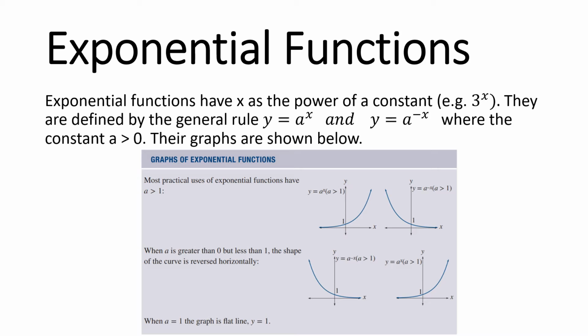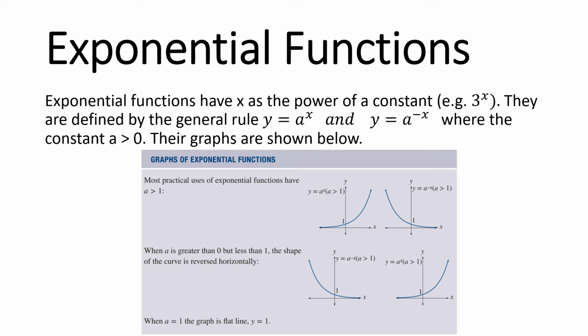So we have a graph here at the top, the first one on the left. That is a to the power of x, where a is greater than 1. So it might be 3 to the power of x or 5 to the power of x. That's what they look like. And then on the right hand side at the top, that one is y equals a to the power of negative x.